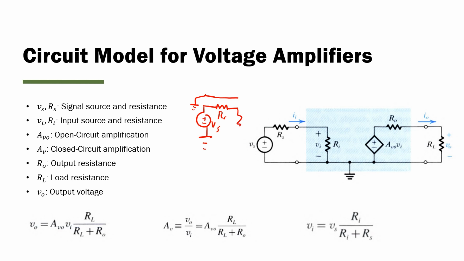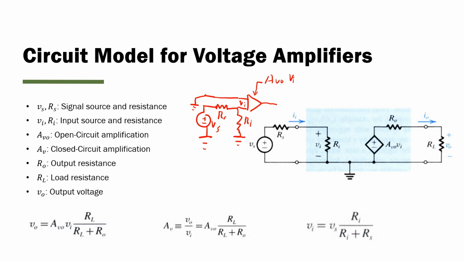Then I would have an input resistance, entering the amplifier. And inside this amplifier is where this A_vo times V_i occurs. We are amplifying the actual input.